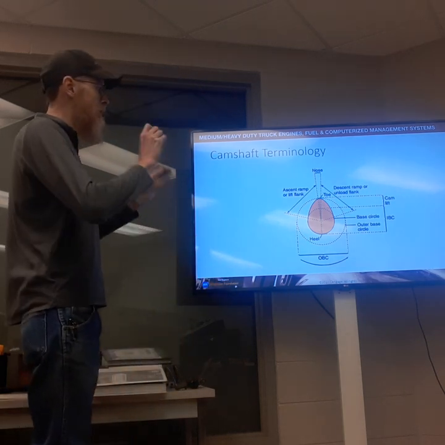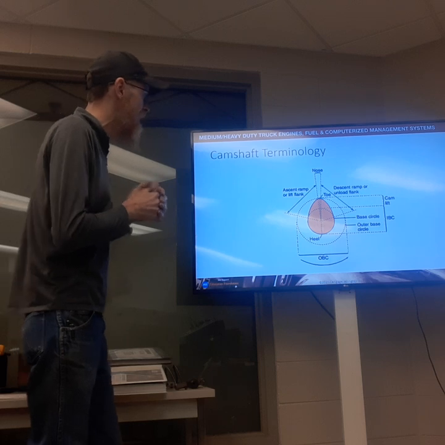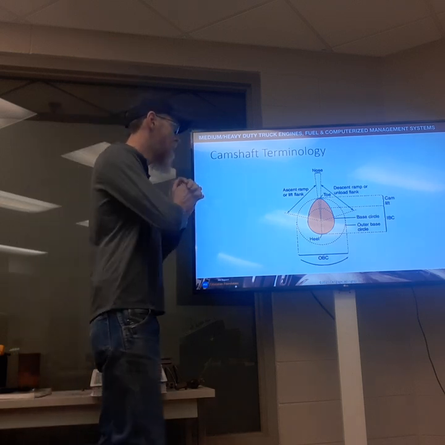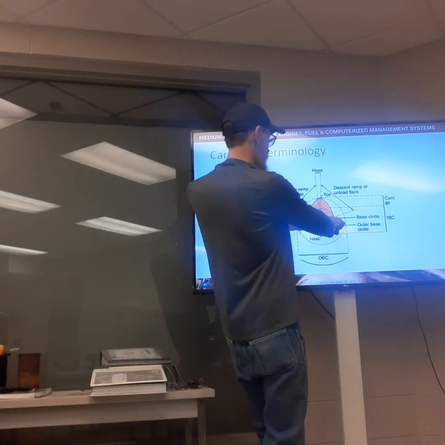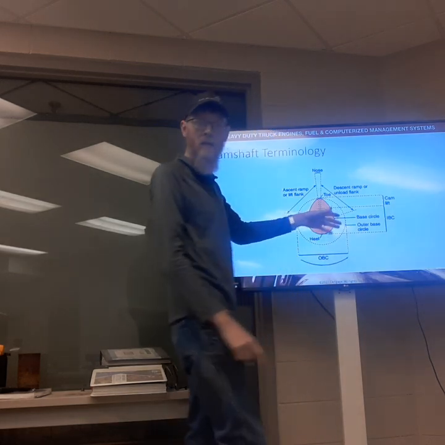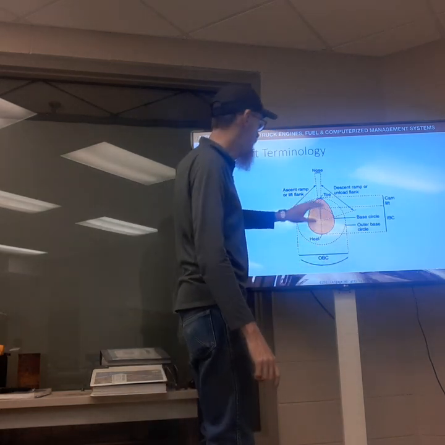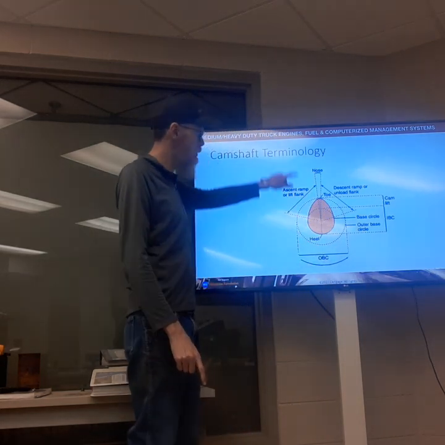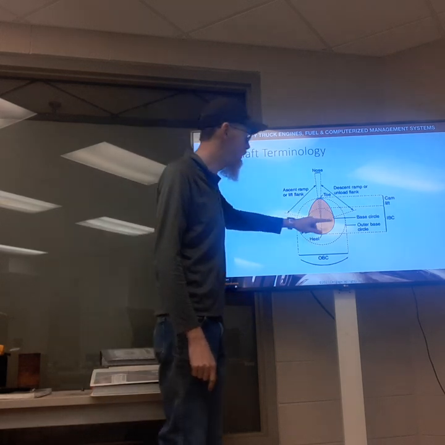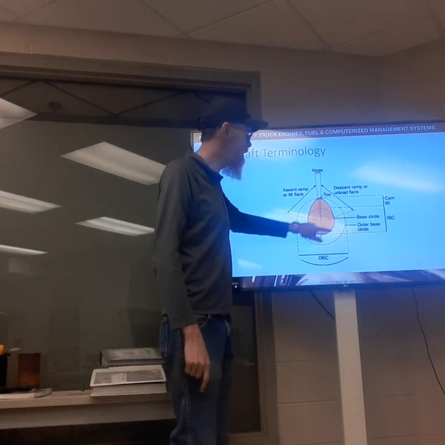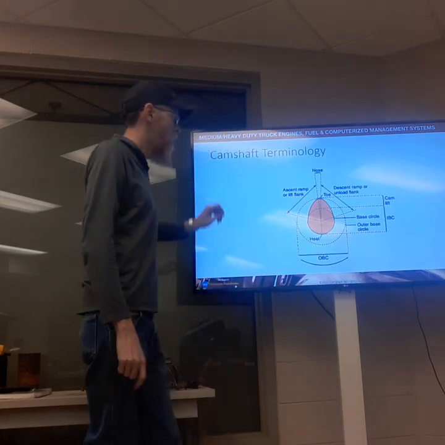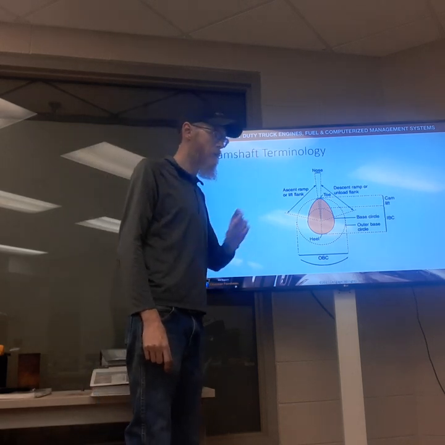Some major parts of that camshaft lobe geometry is the base circle, and if you can see here, me pointing to this illustration, the base circle is the part of the camshaft lobe where our valve would be closed.